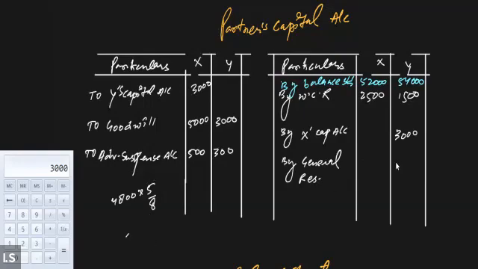So this will be 3,000, and for Y it will be 1,800. Done? Is it clear? Divided in the old PSR. Got it, everyone? Yes, sir.